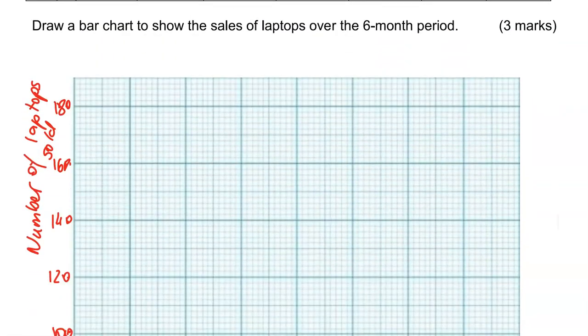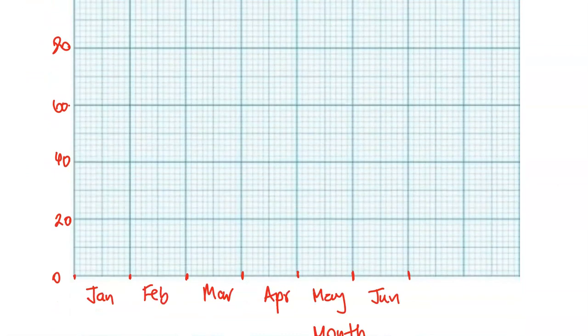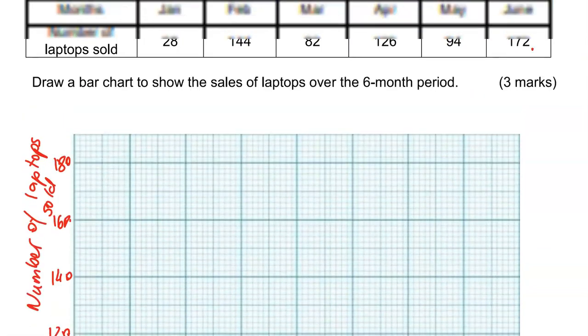January goes up to 28. So there we have 20. This will be 30. So right here will be 28. So each small square is worth 2. So going down and across. Let's have a look at February.